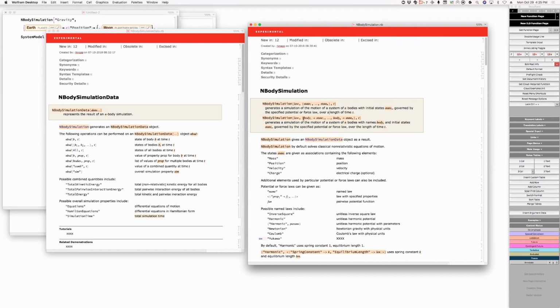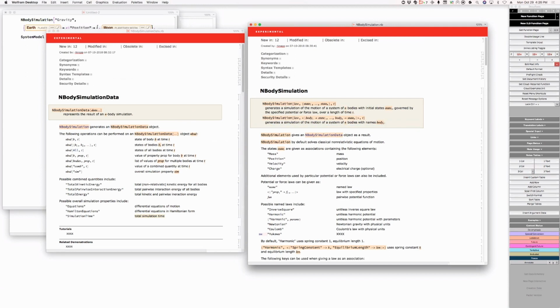Now here, I think we should document this as an association. Yeah, fine. I'm happy to do that because then those rules can naturally come out as associations. Generates a simulation of the motion of a system of n bodies with names body I.